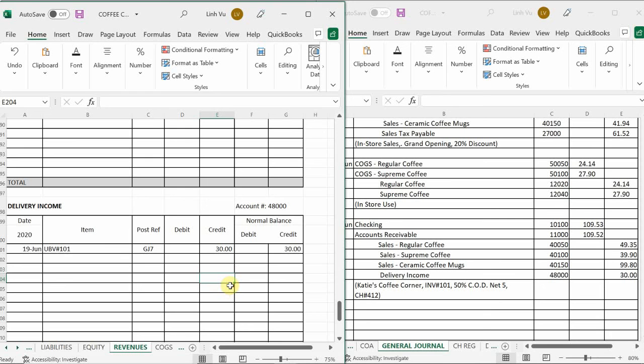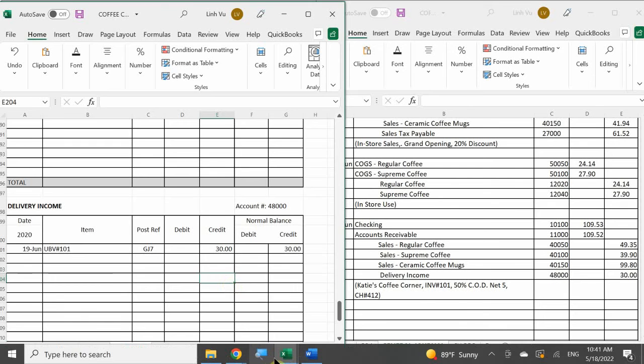We need to know her address to be able to deliver it to her. We need to know what she ordered. So therefore, we have all the information, right? And we said that we're going to bill her, right? And we have terms for her. So in this case, we need to go to the subsidiary ledger.